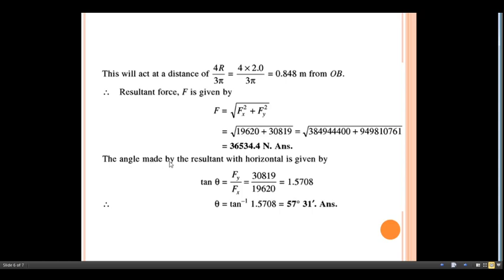The next task is very easy. The angle made by this resultant with the horizontal can be calculated using the relation tan theta equals Fy divided by Fx. Fy and Fx are already with us. After calculation we get theta as 57.31 degrees, or 57 degrees 31 minutes.